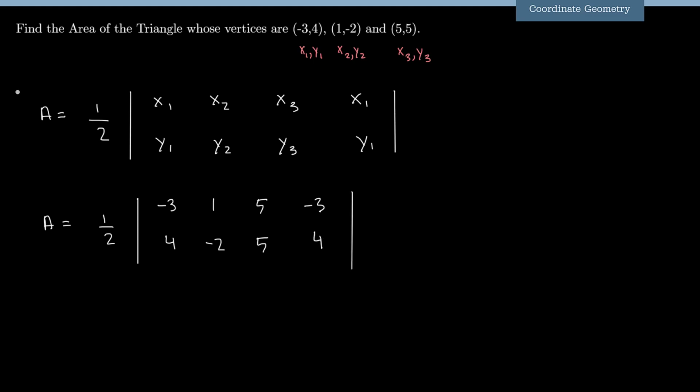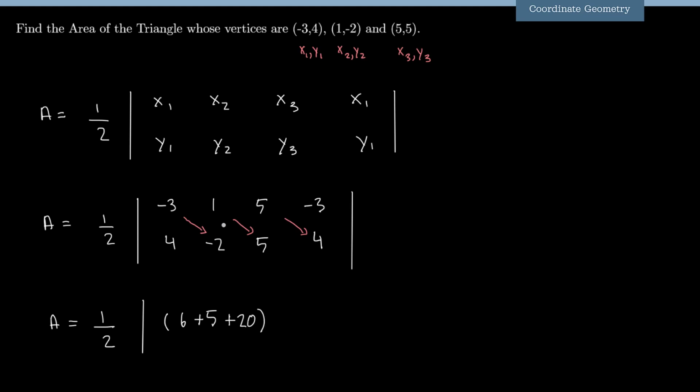Now for the next step, I'm going to multiply my numbers in this diagonal with each other. So -3 is going to get multiplied by -2, 1 is going to get multiplied by 5 and 5 is going to get multiplied by 4. So the area is equal to 1 upon 2 times modulus and -3 times -2 is +6. Then 1 times 5 is 5, so plus 5. And then 5 times 4 is 20, so plus 20.